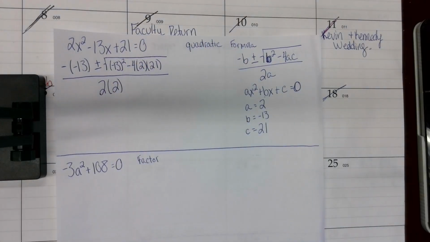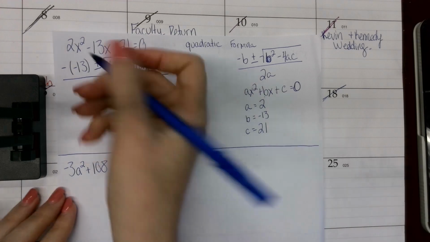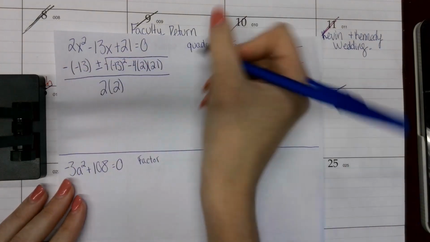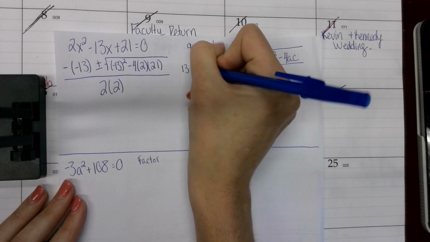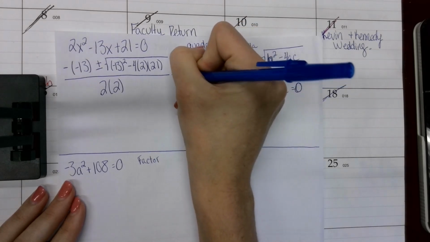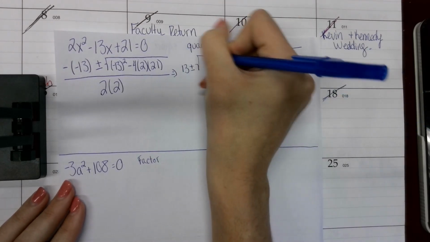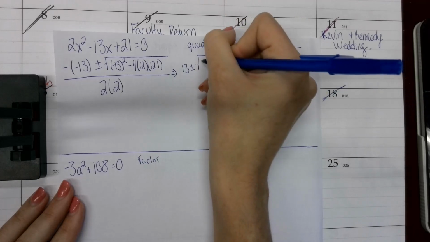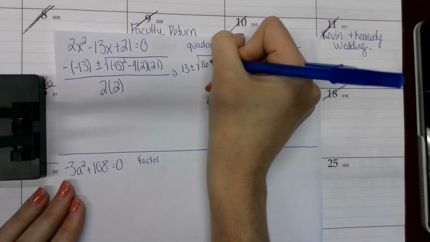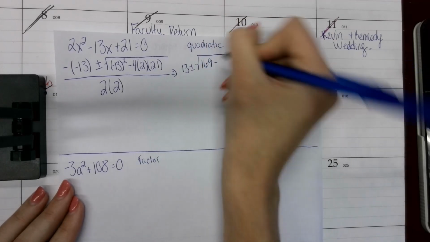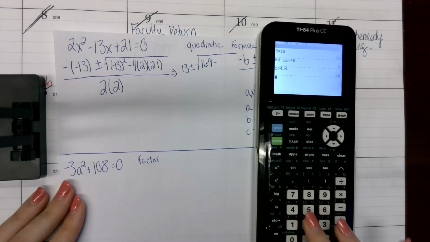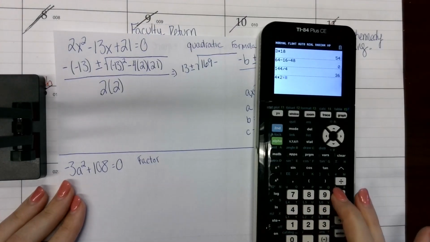Okay, now I'm going to start breaking this down. So I have a negative 13, so I'm going to have a positive 13, plus or minus, I'll put a little arrow here. The square root of 13 squared is 169. Subtract 4 times 2 times 21.